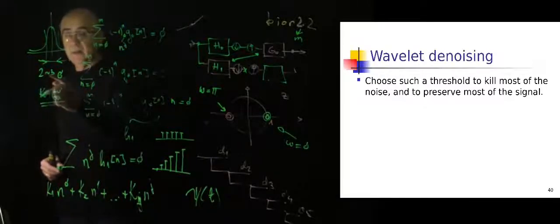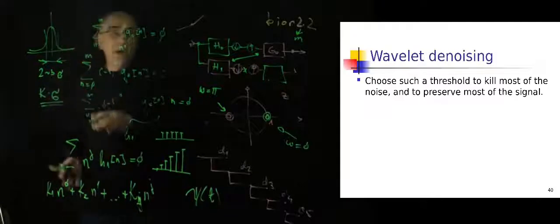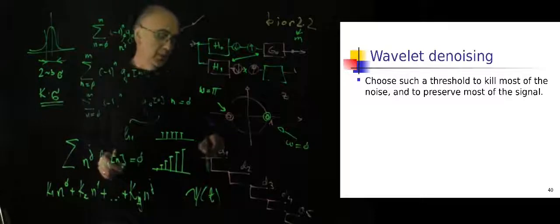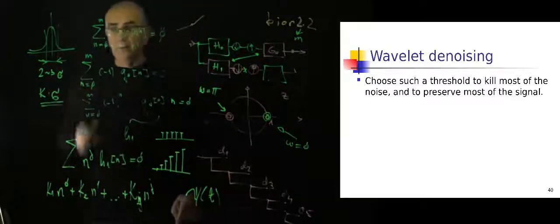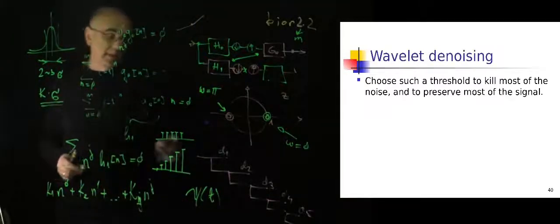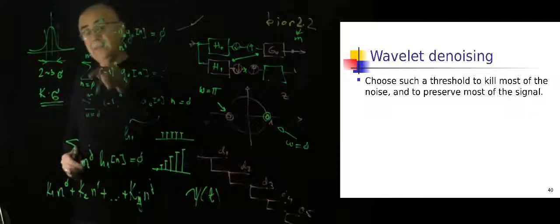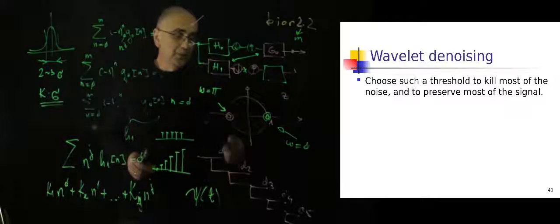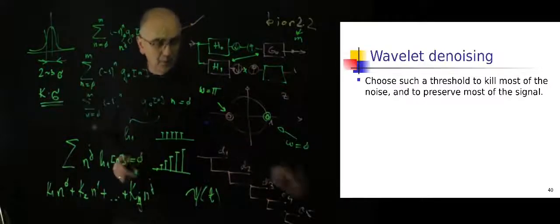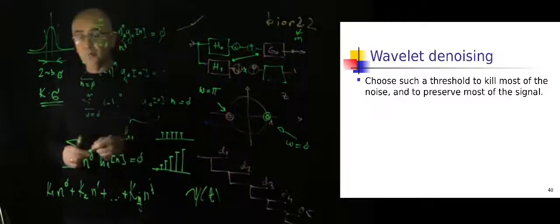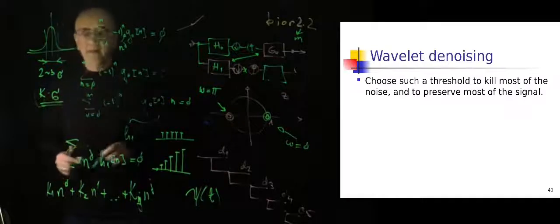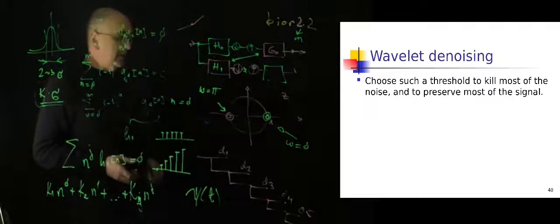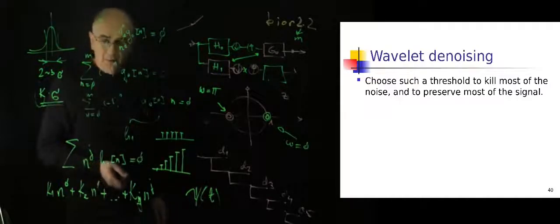That k can be a number between 1, 2, or 3 if we just talk about how to kill the noise. But of course it has to be less than the magnitude of the signal description in the wavelet domain. So we always choose that k in such a way to preserve most of the signal and to kill most of the noise.